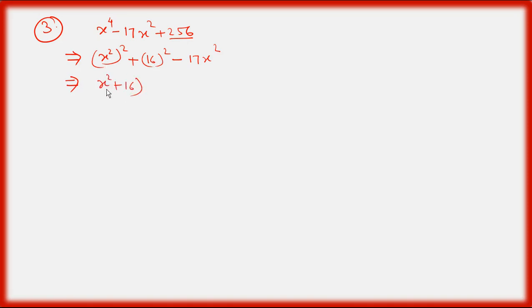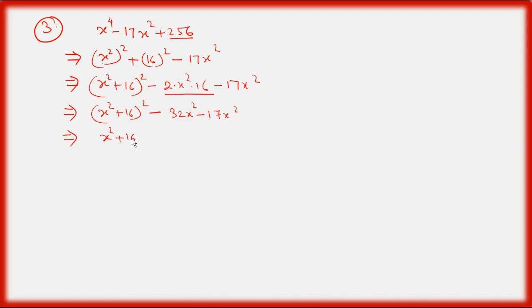So in a² minus b² form, (x² plus 16) whole square minus 2x² times 16 minus 17x². So (x² plus 16) whole square minus the product, which is 32x², minus 17x² equals (x² plus 16) whole square minus 49x², which is also a square term.